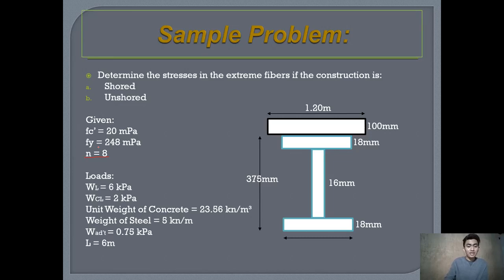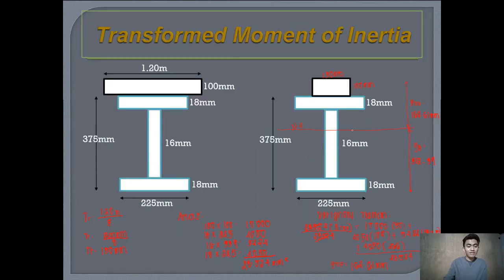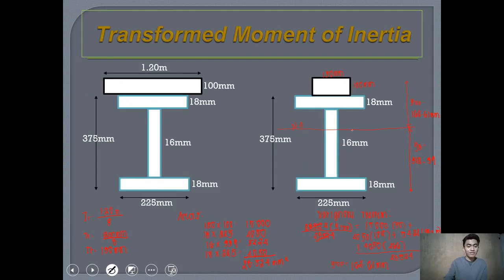All right, so I repeat, the very first step is for us to transform our concrete slab here into a steel section. Luckily, we did that a while ago. So we already have here, from 1.2 meter, 150 mm by 100 mm steel section.